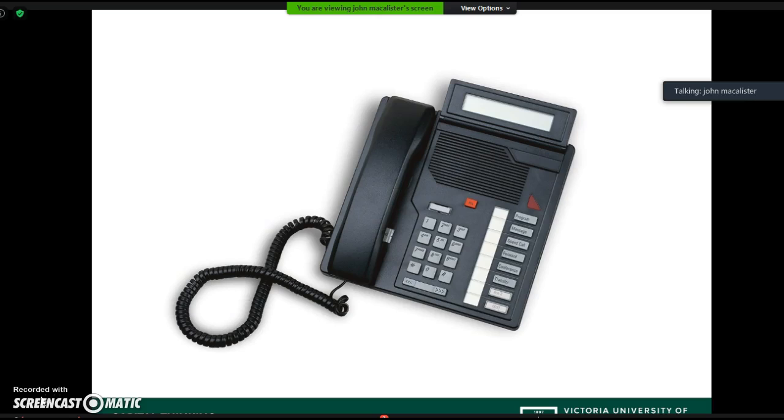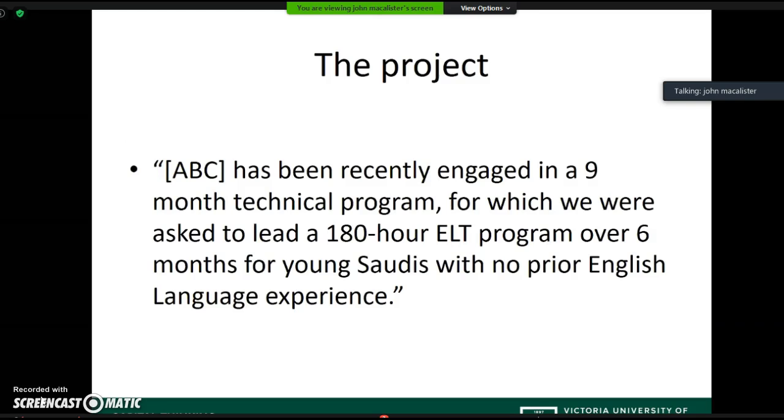And what was the project? Well, here we are. So ABC is the company. And what they explained was they had recently been engaged in a 9-month technical program and asked to lead a 180-hour ELT program over 6 months for young Saudis with no prior English language experience. And this is one of those projects that Matt referred to in his introduction.